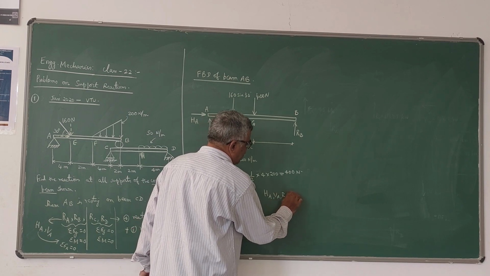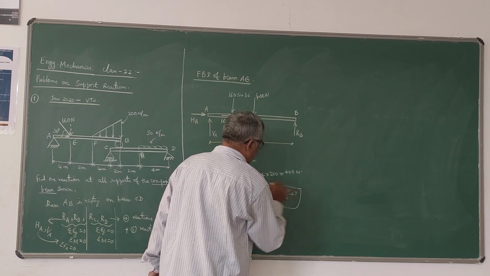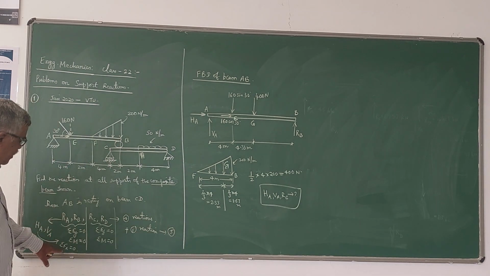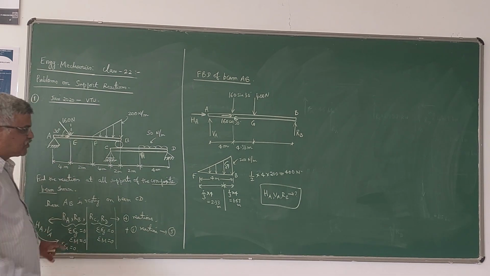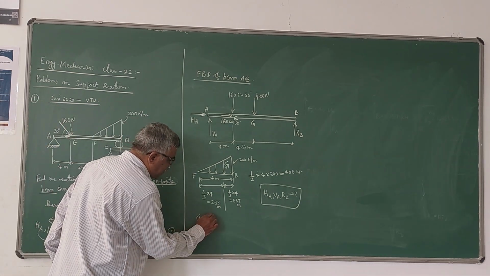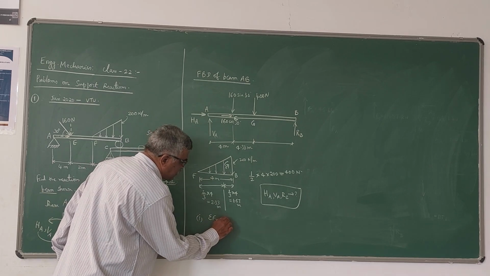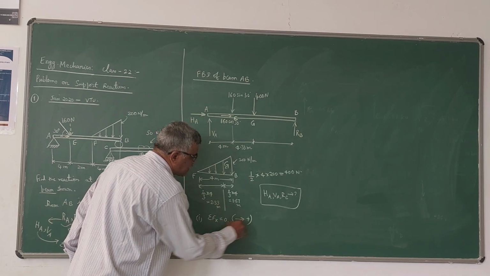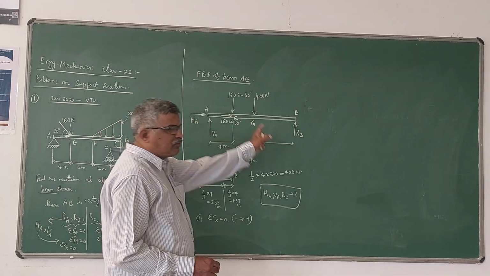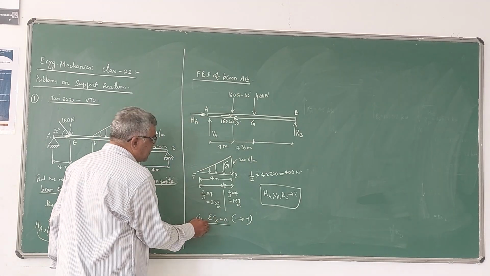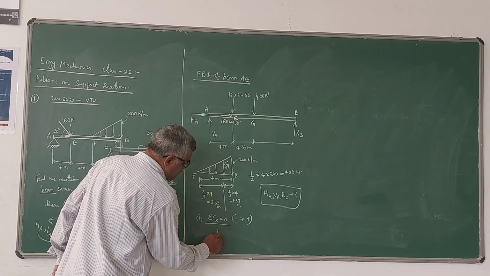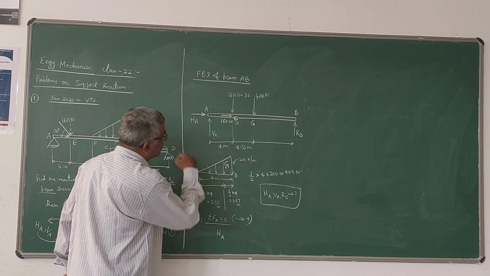Those three we have to find out using the three equations of equilibrium as already told: sigma Fx equals 0, sigma Fy equals 0, sigma M equals 0. The first equation I am going to use is sigma Fx is equal to 0. The sign convention is force acting towards the right is positive. For this FBD, HA is taken as positive because I have assumed it towards the right.